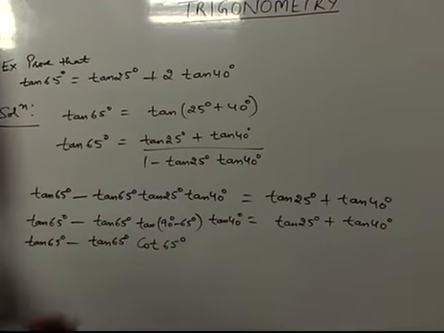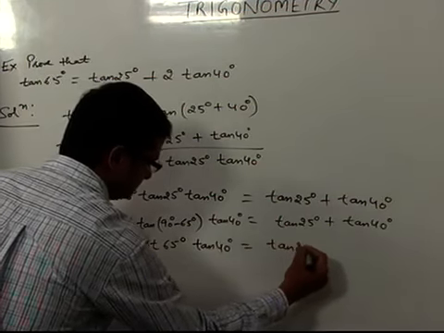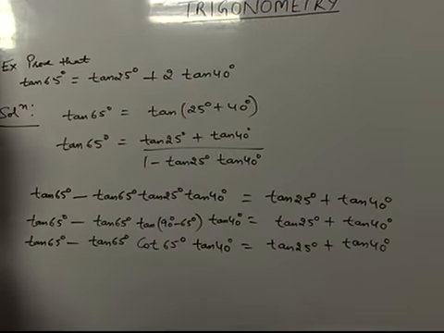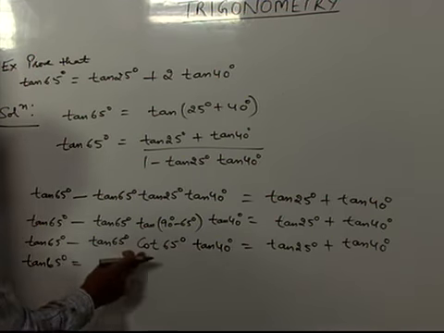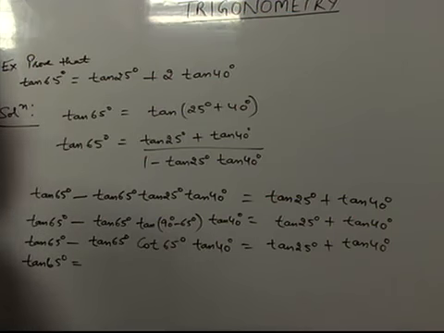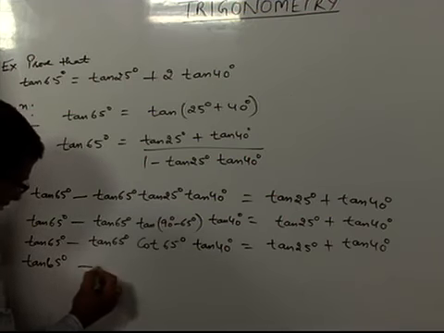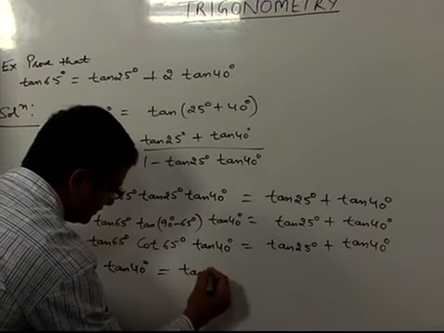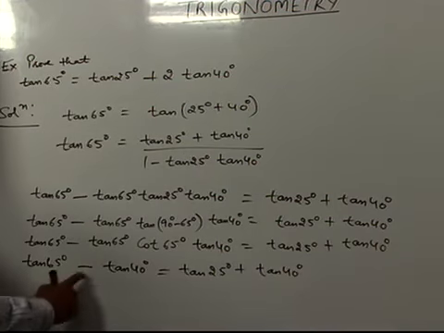So tangent 25 degree will be cot 65 degree. Now we have studied tangent and cot are reciprocal of each other. So tangent 65 into cot 65 is 1. It is minus tangent 40 degree equal to tangent 25 degree plus tangent 40 degree.